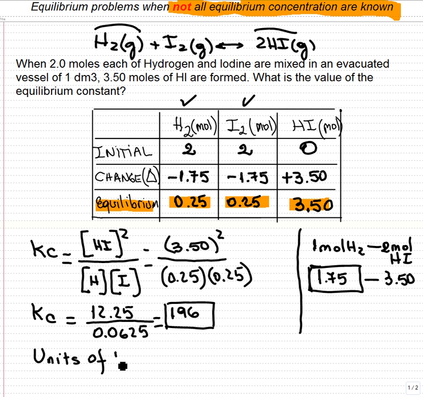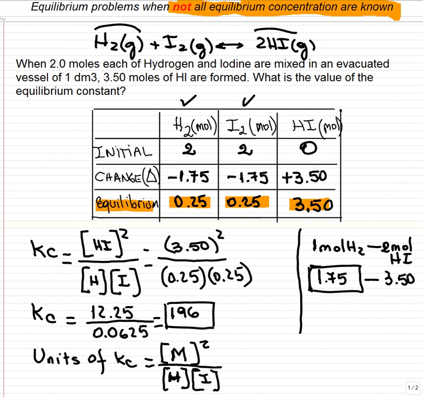of Kc. The units of Kc will be the concentration of hydrogen iodide, which is molarity to the second power, divided by the concentration of hydrogen to the first power times the concentration of iodine to the first power.